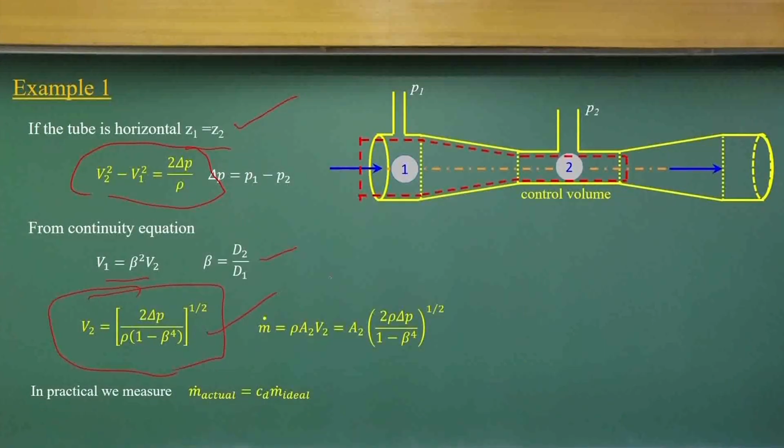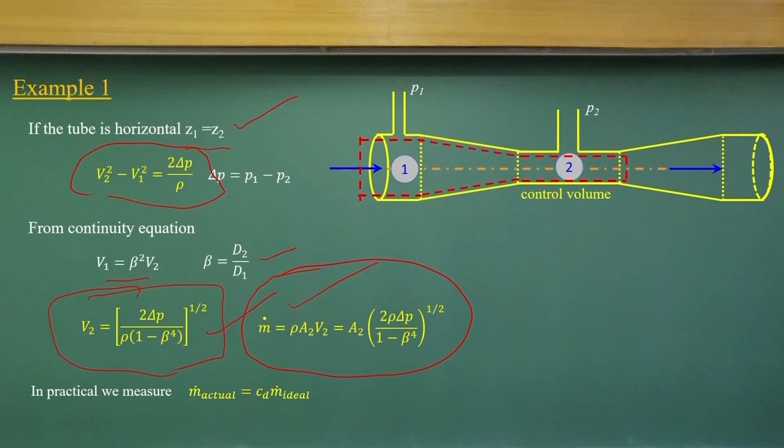That is what we will get, and finally, the mass flux will be rho A V. So, the area at section 2 we know, V2 we know, then we can compute what the mass flux will be.